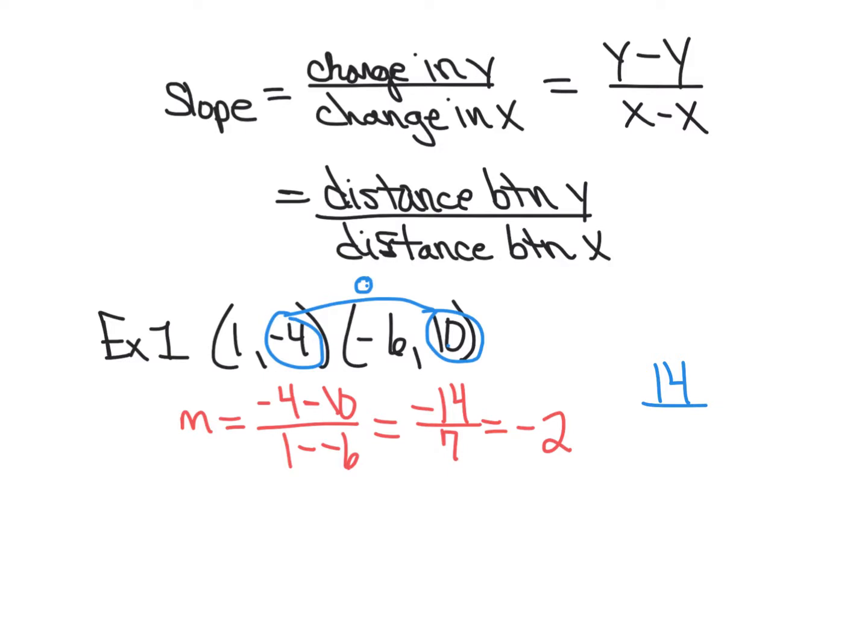And the distance between 1 and negative 6, the distance between the x's, is 7. And I'm getting the same thing. You just got to be careful of the sign. It's a negative slope, not a positive slope. But we'll talk more about that later.